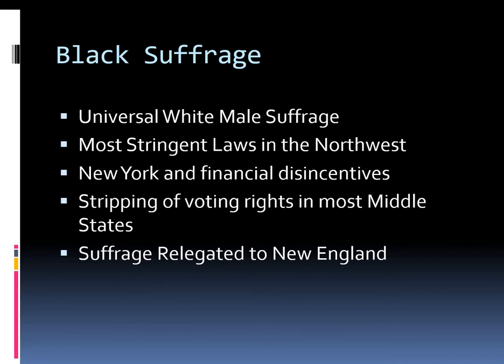It was very difficult for blacks to vote, and a very small segment of blacks could vote because of that in New York. All the other middle states said, no, we're not even going to do that. You can't vote, period.